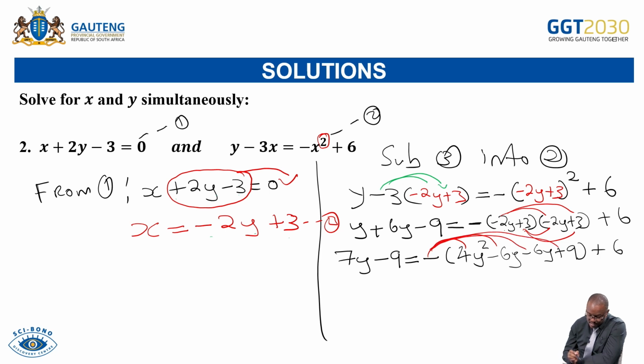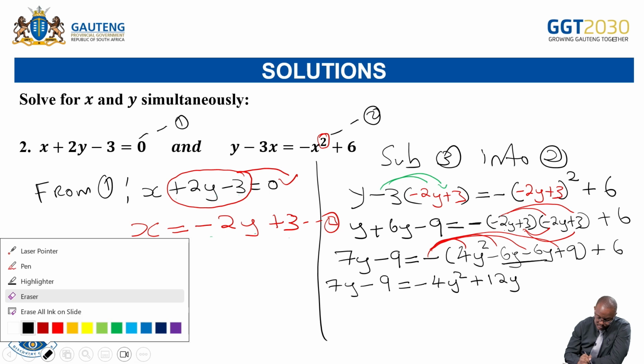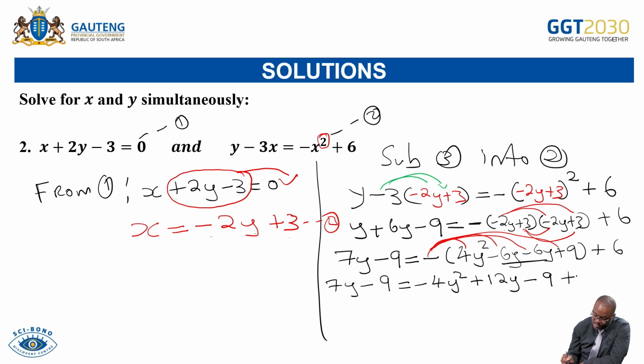When we remove that negative, we'll have 7y minus 9 equal to minus 4y squared plus 12y, then minus 9, remember, negative multiplied by 9 is negative 9, and this 6 is at the end there.